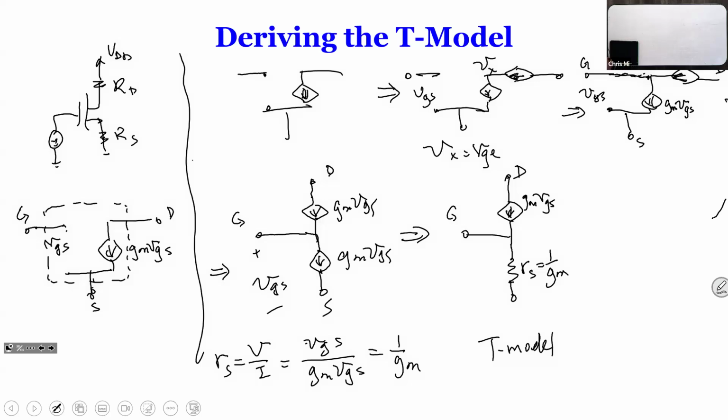Well, you might say, why does that help? We can look at this circuit over here. This has RS at the source, right? So how do you draw the equivalent circuit? As I said before, you have a resistance over here, and your VGS is here.